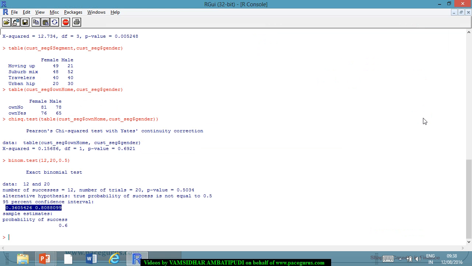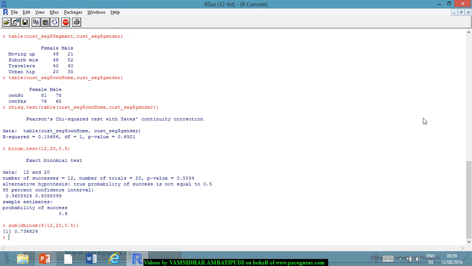In that case, I can do a simple summation wherein I am doing the dbinom, the density function of binomial. The number of successes, I can take as a sequence from 8 to 12. The number of trials is 20. The probability of success I'll take as 0.5.